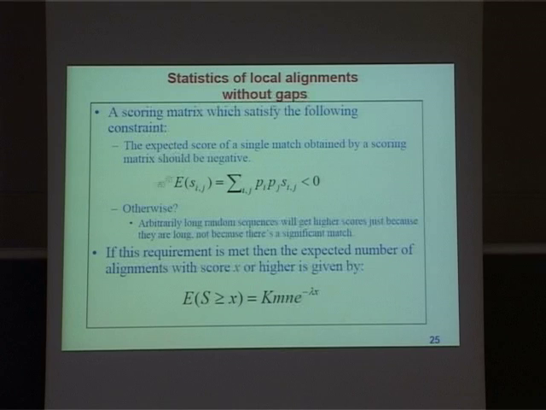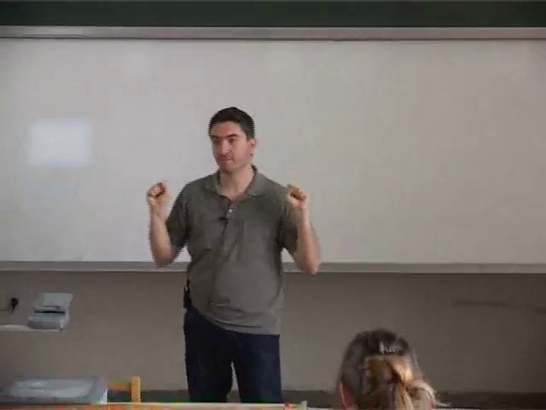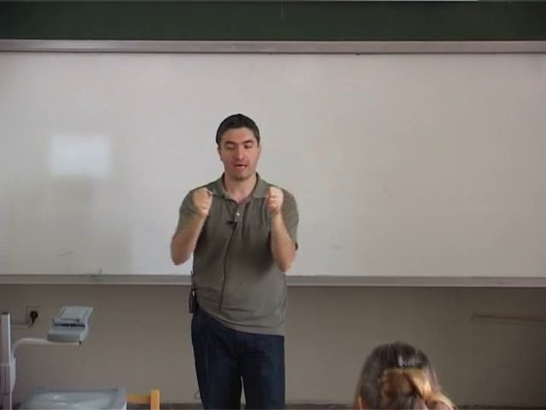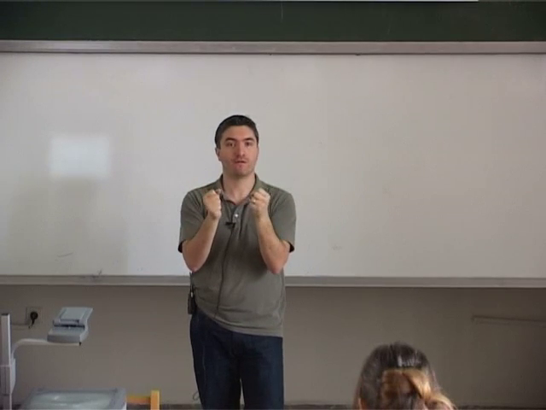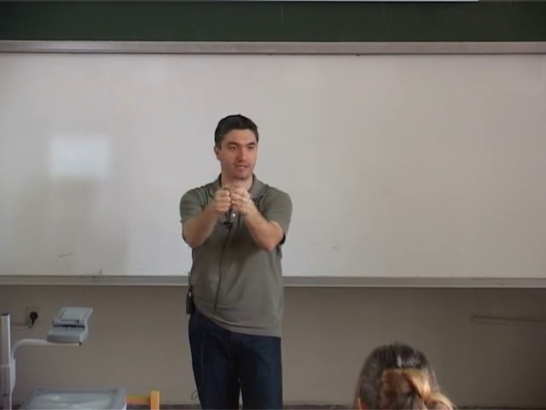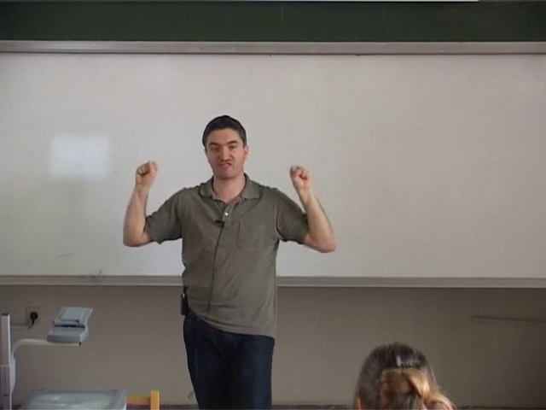The main constraint is that the expected score of a single match obtained by a scoring matrix should be negative. It means this: just pick two amino acids randomly, and what is the expected value of their match? Match or mismatch, okay?